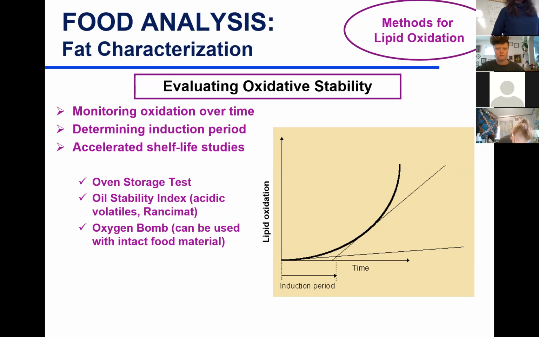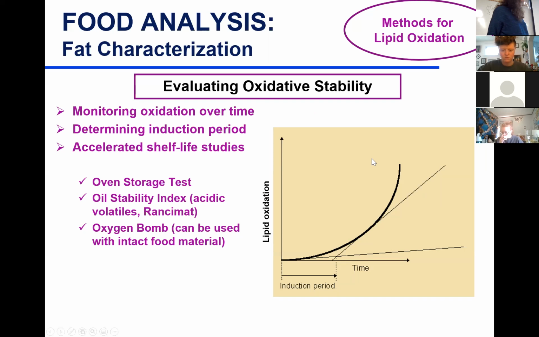So we determine what is called the induction period. If you look at this graph here, you have the time on the x-axis and an assay to monitor lipid oxidation. Oftentimes, you can monitor oxidation of a very fresh oil by the generation of peroxides. That's a simple, easy method.